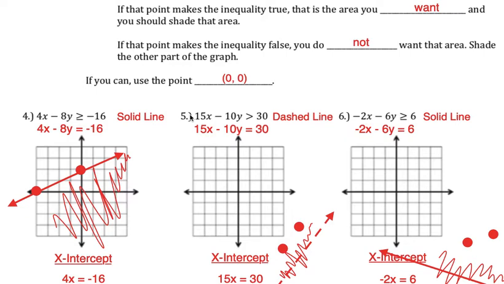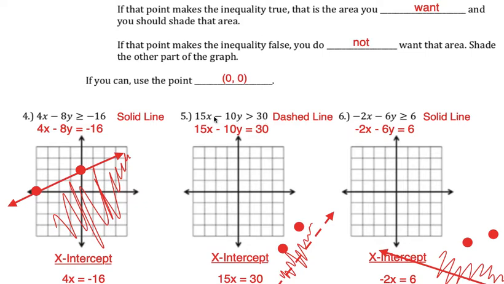For number 5 on this sheet, the second example for this video, again, this is in standard form. To graph, I'm going to use intercepts. Intercepts come from plugging in 0 for the opposite variable because I'm on that axis. So if I find my x-intercept first, I plug in 0 for y.